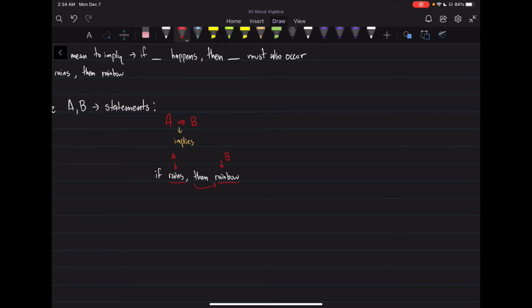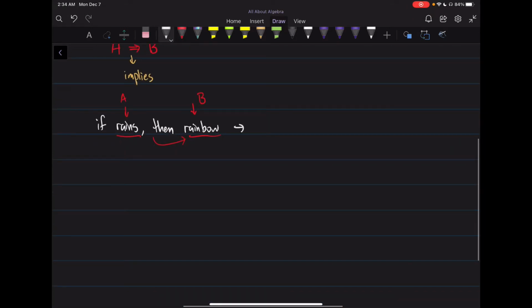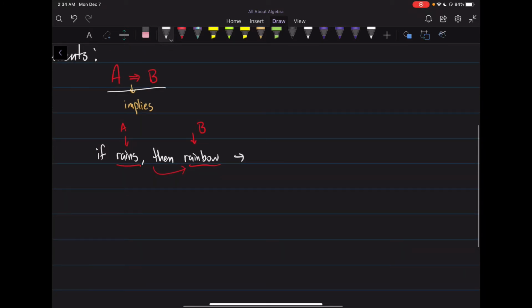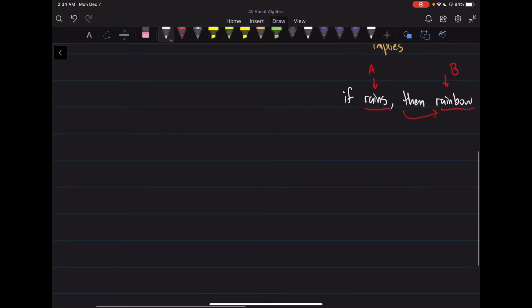And so we can also write this in the math notation right here, which would give us rains implies rainbow, which makes sense. It's a fair judgment. Now, what is another way of thinking about this?